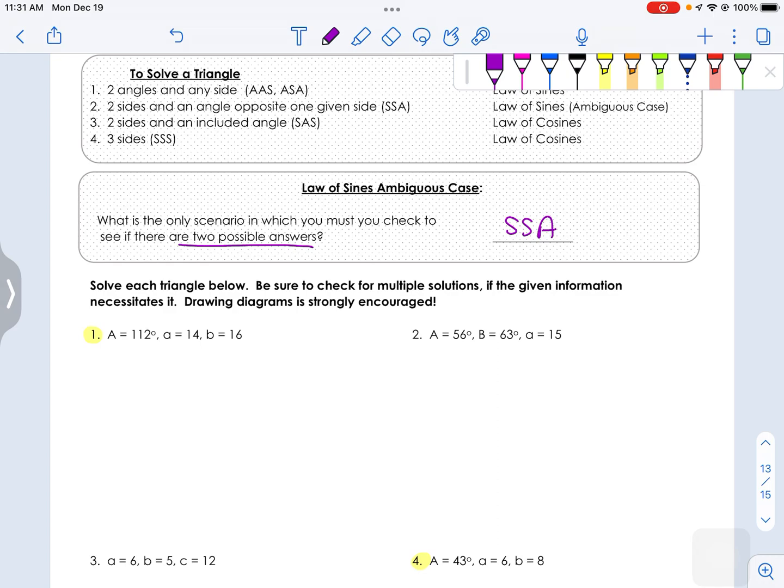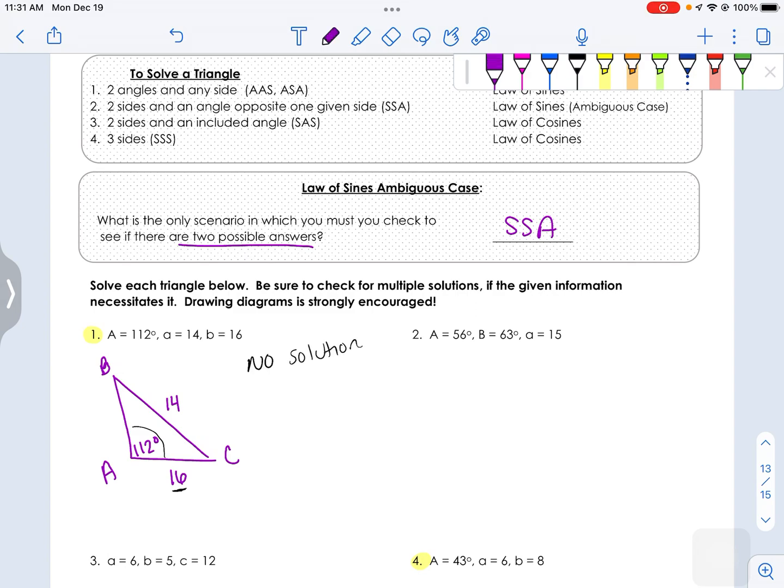So first I'm going to draw this triangle out. Looks like angle A is 112 degrees, and then side A is 14, and side C is 16. I can tell right away that this is going to be no solution because my angle A is an obtuse angle, which means that the side across from that obtuse angle should be the largest side, but side C is bigger than side A, which is 14, so this is going to have no solution.